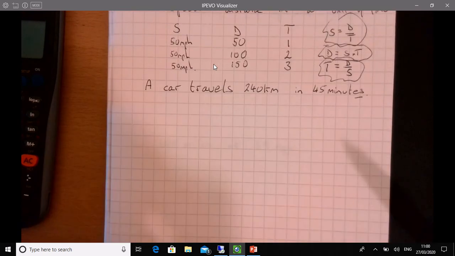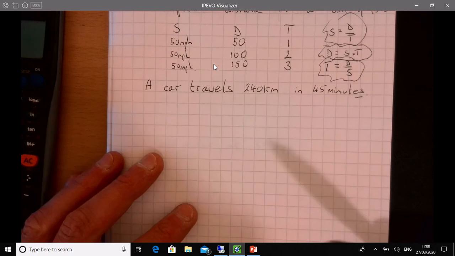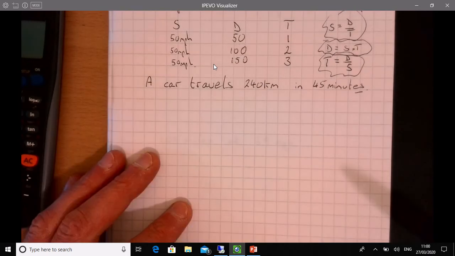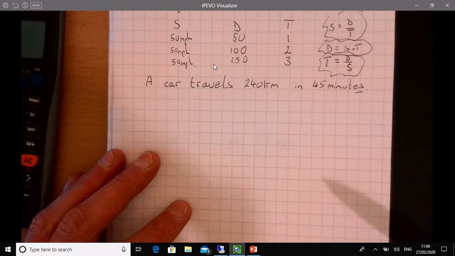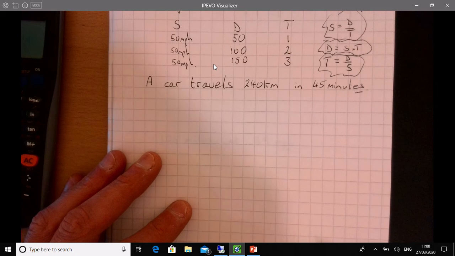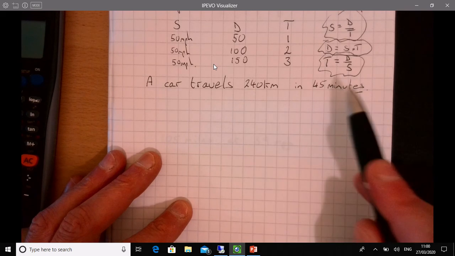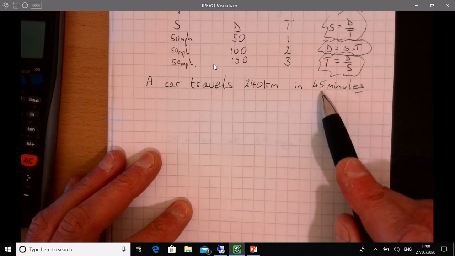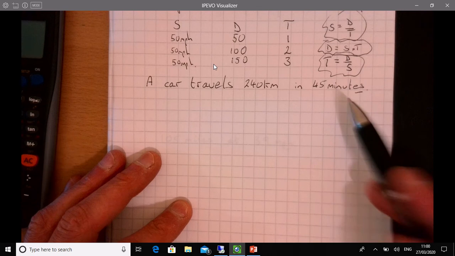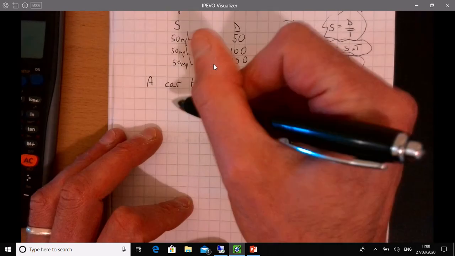Now, one of the issues with doing calculations of speed, distance, time is the fact that time is not decimal. That's where you've got to be careful, right? That's the key bit. So we've got a distance and we've got a time. Now, I haven't actually put down the question here. The question is, what is the average speed?